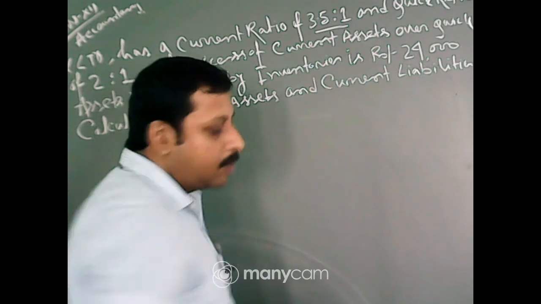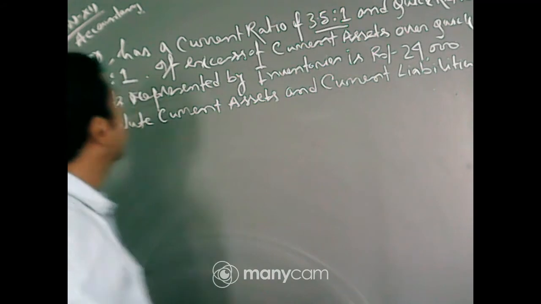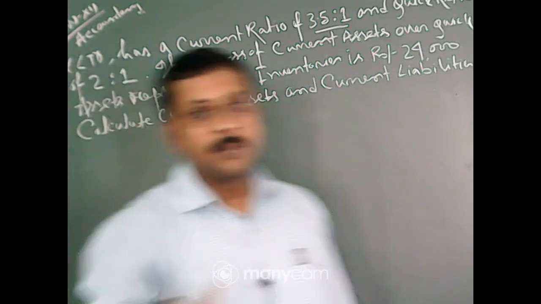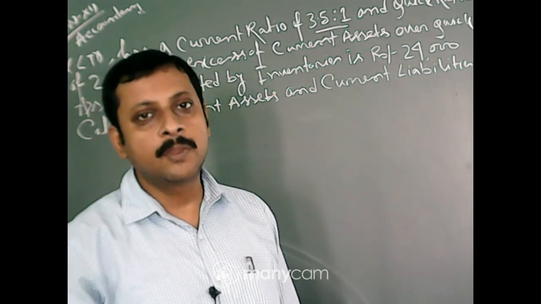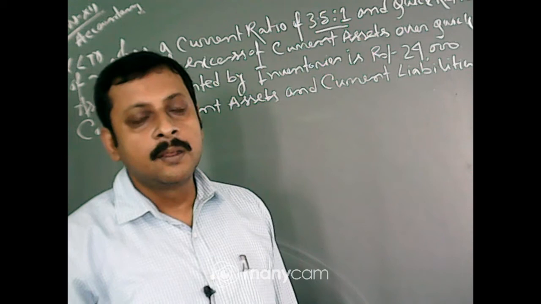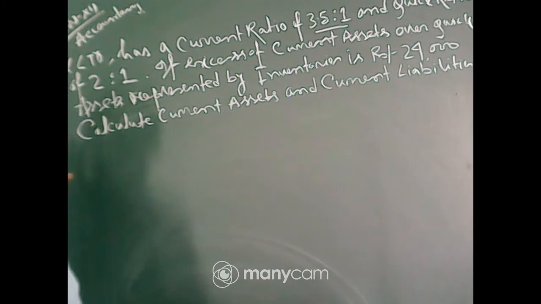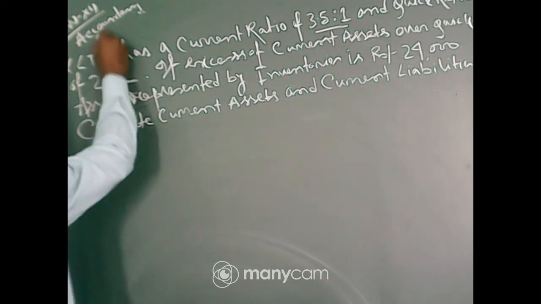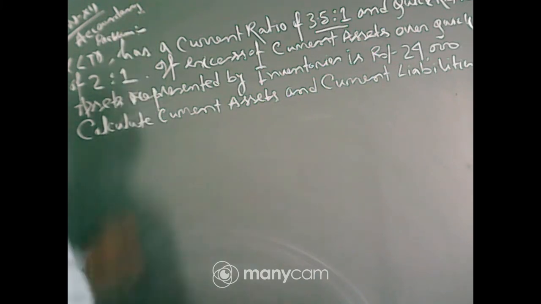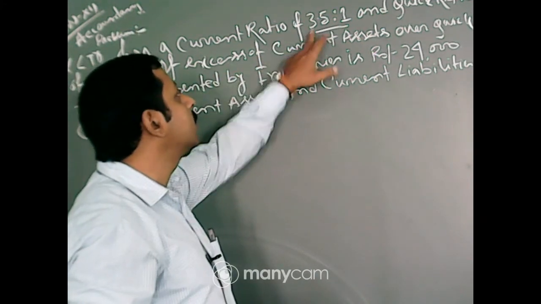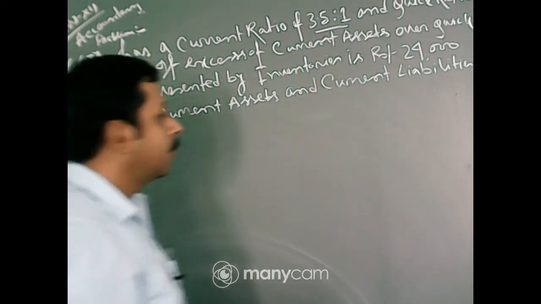In whatever problems we have done so far, you have to reveal the current asset items and current liabilities items from the given data, and find what the current ratio and liquid ratio are. But in this problem, the current ratio is already given, that is 3.5:1, and quick ratio is also given, that is 2:1.